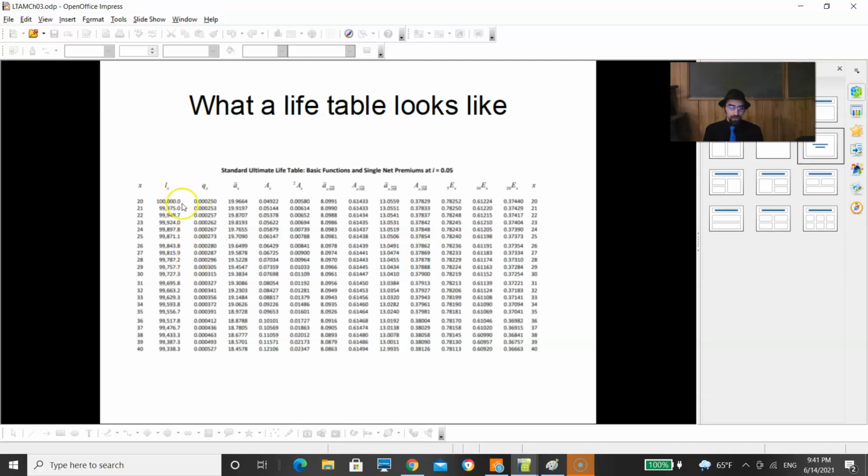They don't have a D sub x column. Instead, if you needed D sub x, you would just do L sub x minus L sub x plus 1.